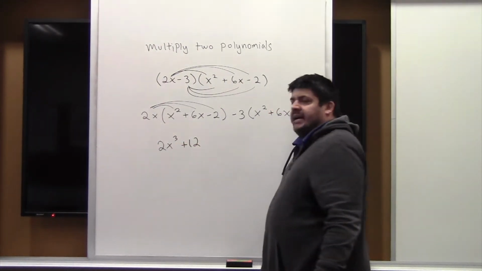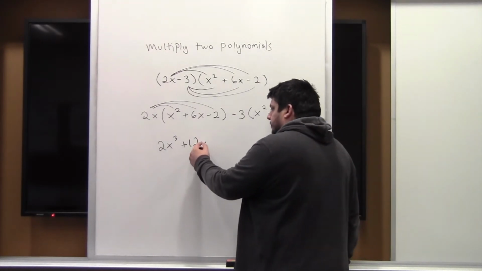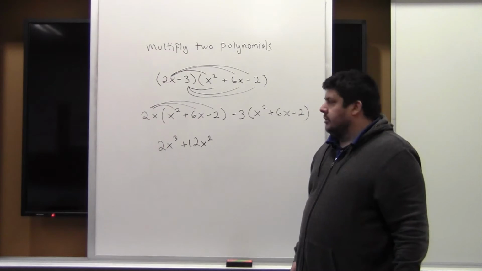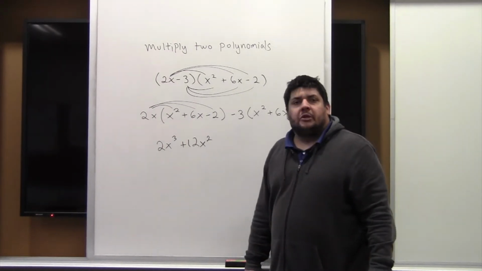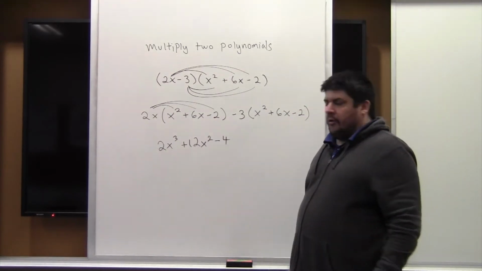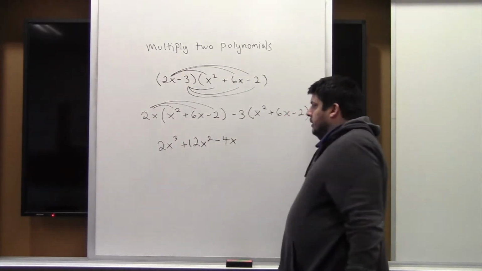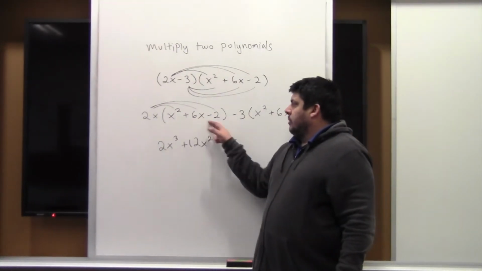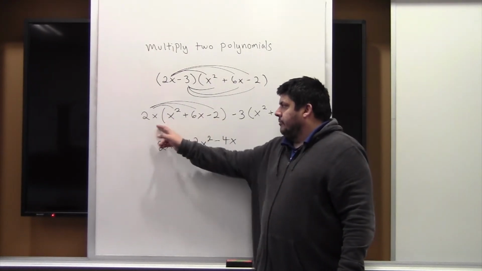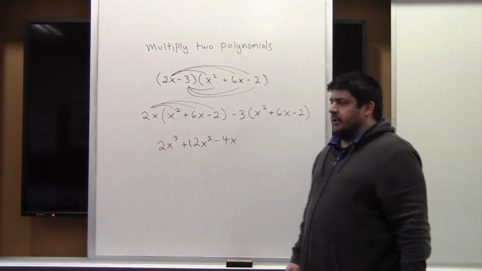And x times x is x squared. 2x times negative 2. Well, 2 times negative 2 is negative 4. And the x comes along for the ride. So this is the result from doing the distributing of this particular situation over here.